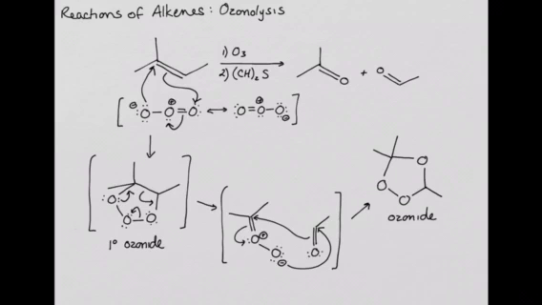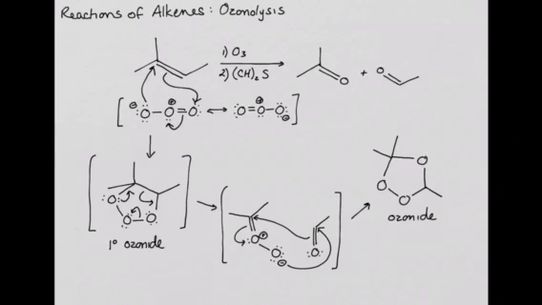The ozonide is considerably more stable than either of the previous intermediates, and the reaction pauses here until the introduction of the dimethyl sulfide. But let's pause for a moment and follow the carbons through this oxidative ozonolysis process.